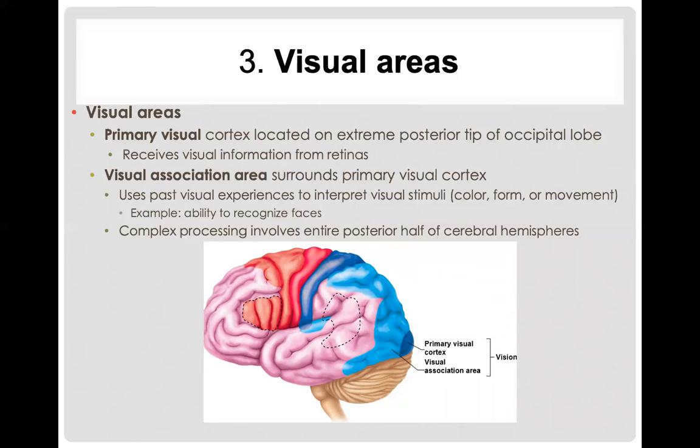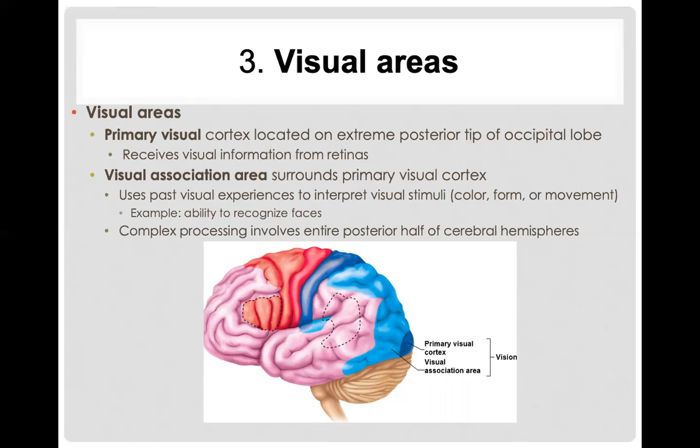Primary visual cortex is where your optic nerve that comes from your eyes actually sends the data to. Again, this is contralateral, which means the data from your right eye gets collected by the right optic nerve and gets sent down to the left occipital lobe, and vice versa. So primary visual cortex, all it does, it basically gives you the ability to see.